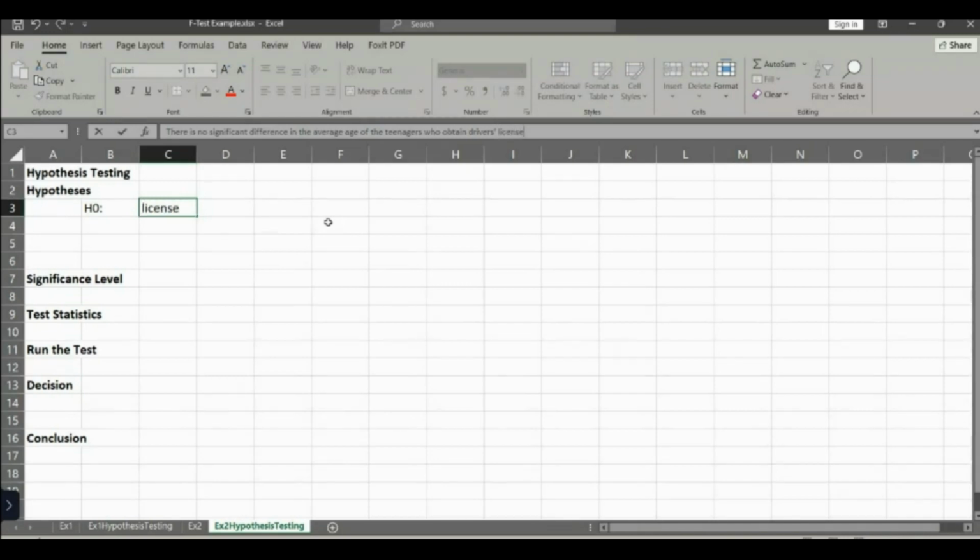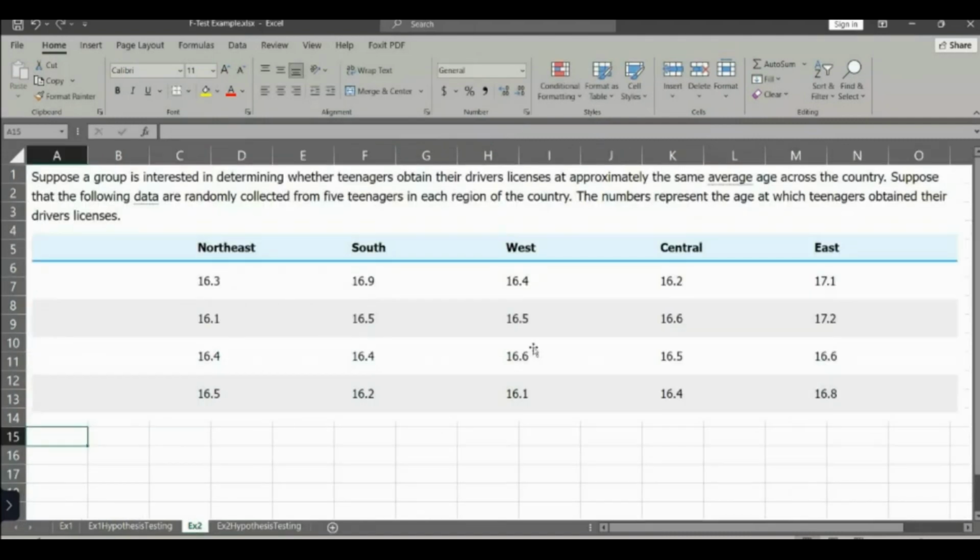There's no significant difference in the average age of the teenagers who obtained driver's license among the group. Or we can just use the same phrase as stated in the given problem, across the country.